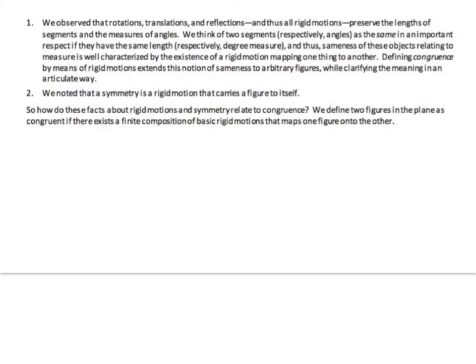First of all, we observed that rotations, translations, and reflections, and thus all rigid motions, preserve the lengths of segments and the measures of angles. This is important. When we do rigid motion transformations, we are preserving the lengths of segments and the measure of angles.